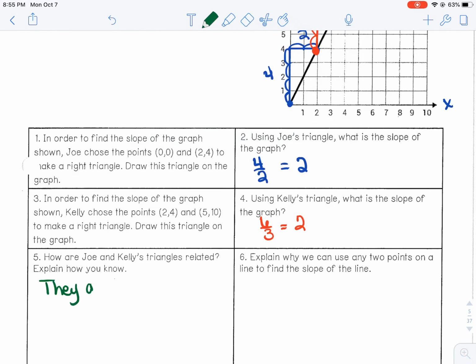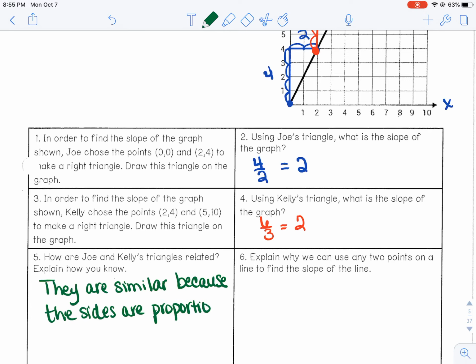Okay, they are similar because the sides are proportional, and they simplify to the same slope.